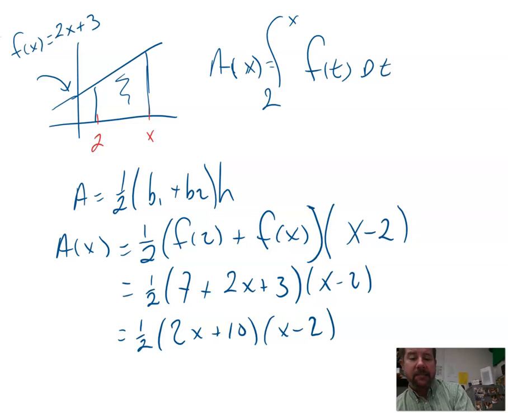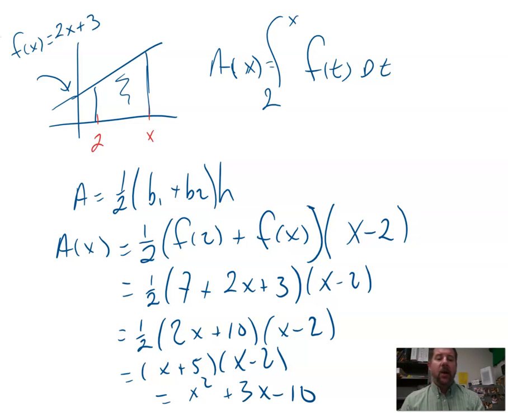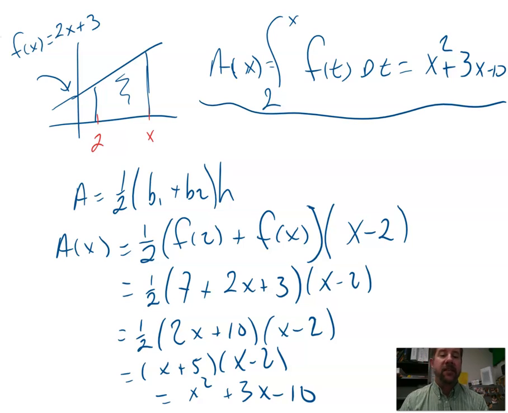I'm going to take half of 2x plus 10, so that's x plus 5 times x minus 2, or x squared plus 3x minus 10. That would be the polynomial function that would give me the same area as this right here. All of this is the same, just different ways of writing the same thing.